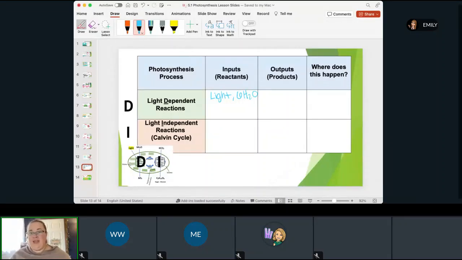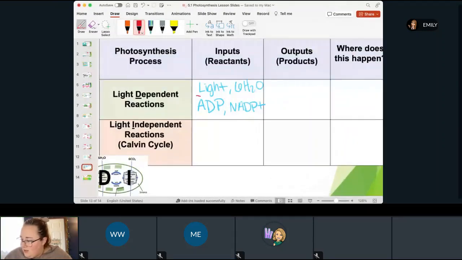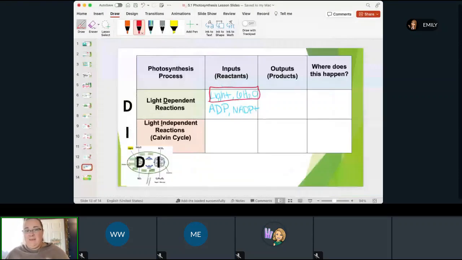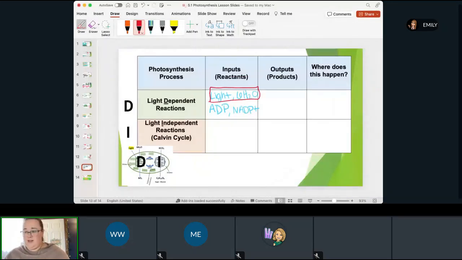Good, Serenity. I do need ADP. Good, and NADP plus. So these guys right here are my big reactants, but for this light dependent reaction, I also need ADP and NADP plus.